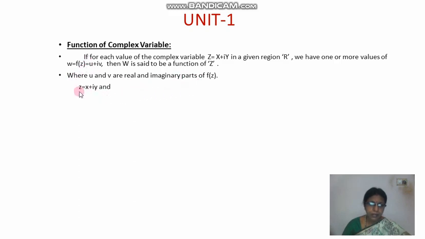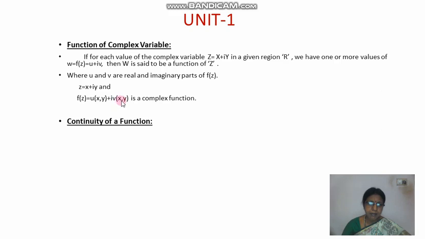So finally z is equal to x plus iy, then f of z is u of x,y plus i v of x,y, a complex function. Means z in terms of x,y, then the function is also in terms of x,y. General form is f of z is u plus iv, but u is in terms of x,y, v is in terms of x,y. You remember, if z is in x,y terms, then u, v also in x,y terms.